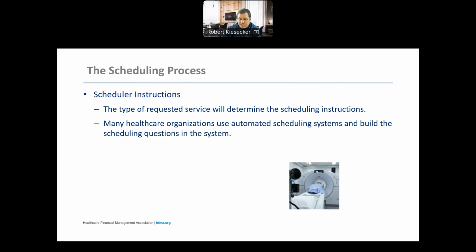Reserve the procedure room for however many minutes we're typically going to expect it to take. Okay, maybe it's 60 minutes, maybe it's 90 minutes, maybe it's 30 minutes. Inform the department if a patient is in a wheelchair. Okay, that may require additional people to help them transition. Maybe it's going to require a different modality.